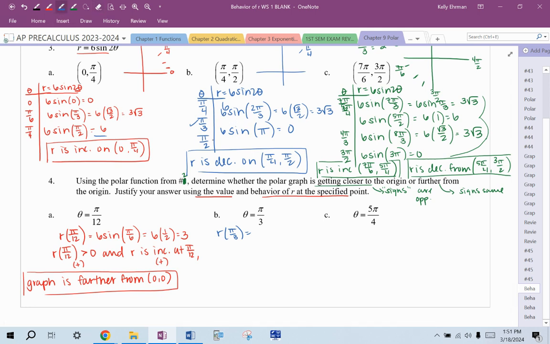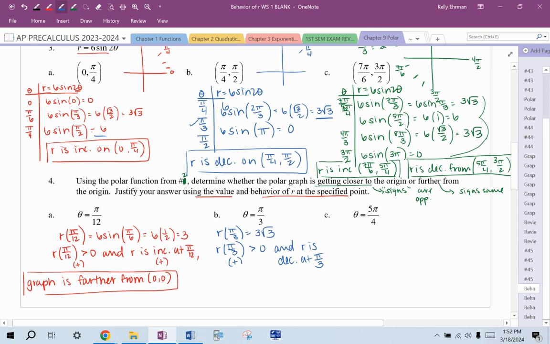What I was going to have to do was, if I got 0, I was going to have to pick the angle on either side and see, does it go up from there or down? But okay. So r of pi over 3 is not equal to 0. It's equal to 3 radical 3. That means that's greater than 0, so positive. And pi over 3 is on this interval, so r is decreasing at pi over 3.